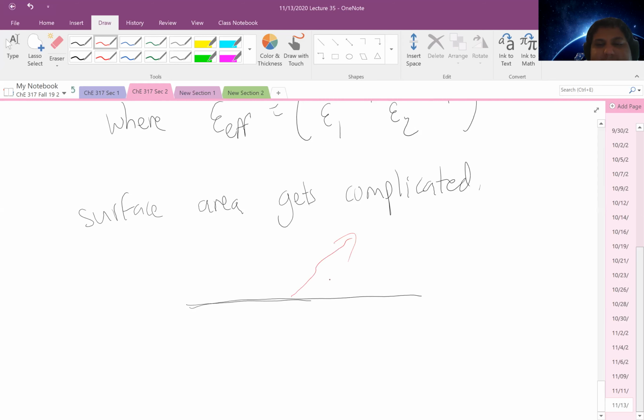In which direction is it emitting that radiation? Every direction. Exactly.